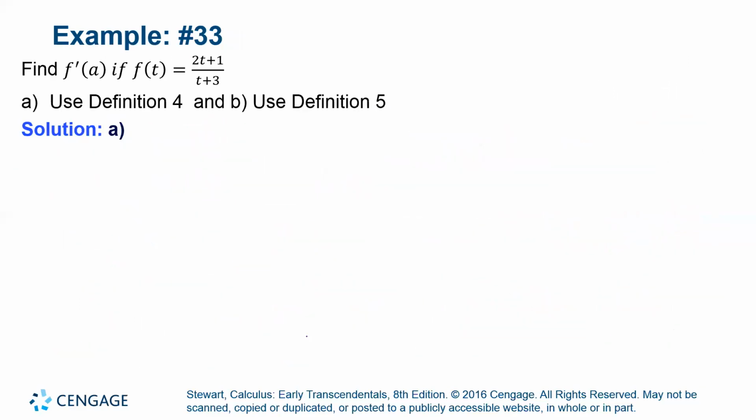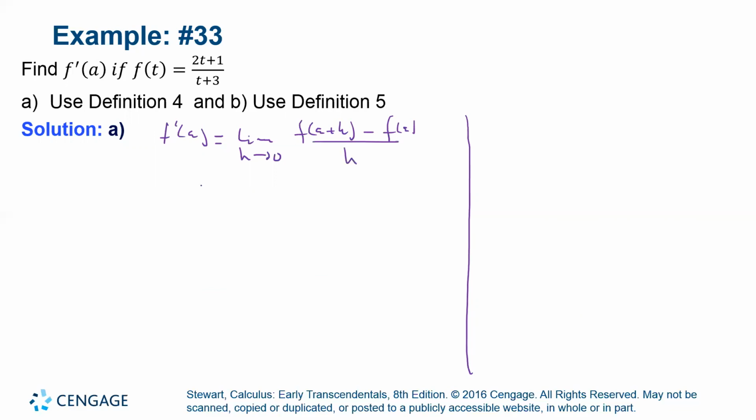Definition 4 is the slope at a, that is f prime at a. This will require some algebra. It is equal to the limit as h goes towards 0 of f of a plus h minus f of a, divided by h.